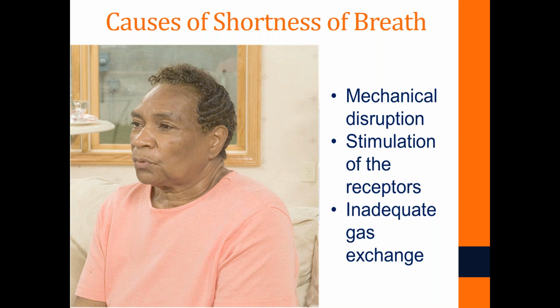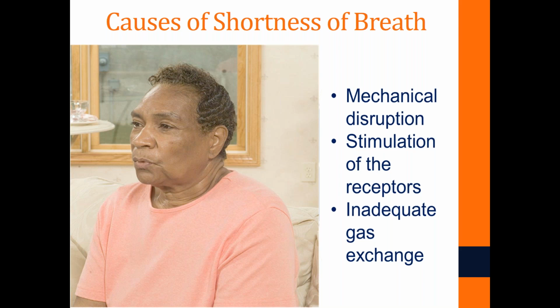So if we don't have enough oxygen in the air around us, there was recently a submarine or something that sunk, and they were talking about how they had enough oxygen on board to make it to like Saturday. Well, once that available oxygen ran out, now the percentage of oxygen around us starts to decrease, and the percentage of oxygen that we're going to breathe in actually goes down.